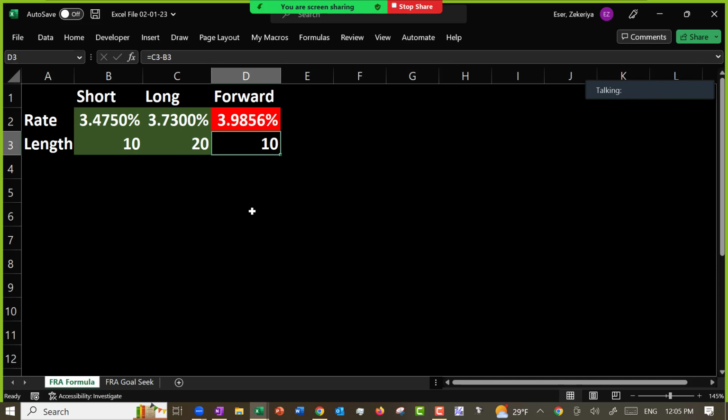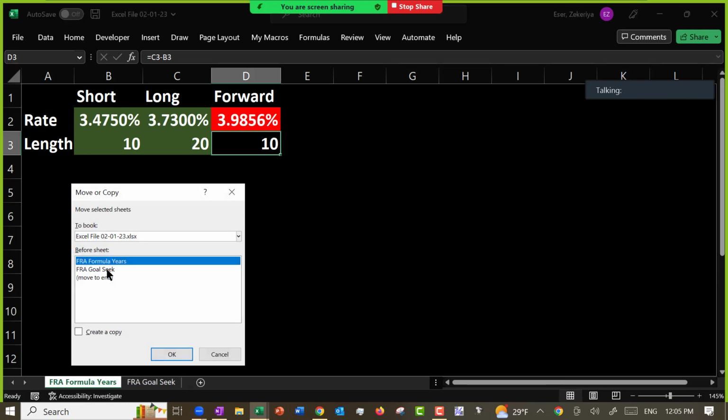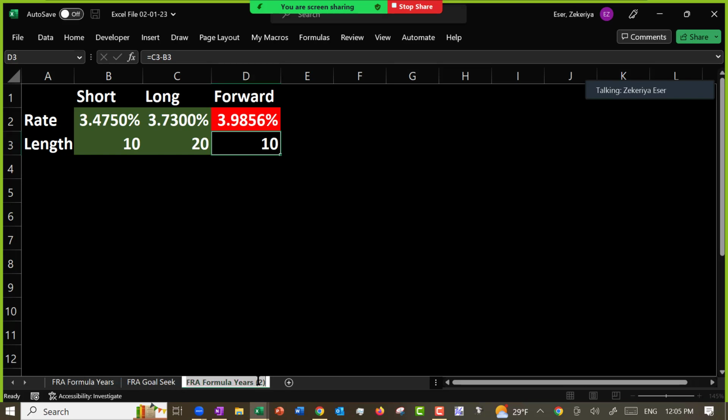I mean, there are different ways of doing that. Let me kind of, let's do this FRA formula using years. Let me move this. A lot of time we're going to look at the shorter term rates.